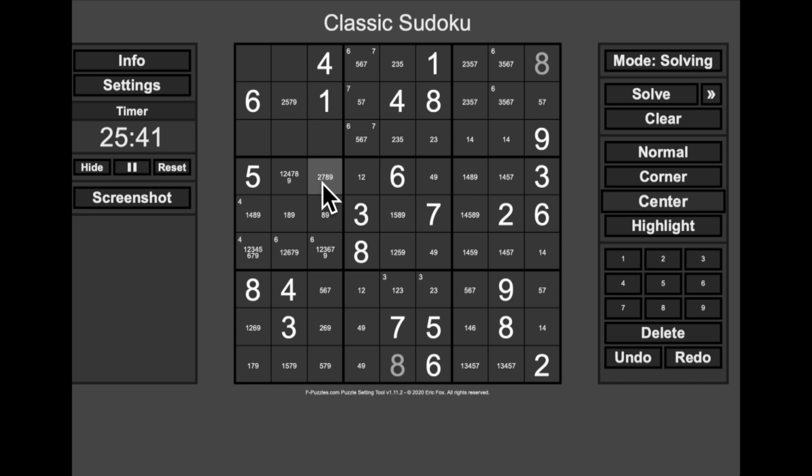Let's see, 2, 7, 8, or 9 are still possible here. This one can't be 4. But by golly, it can be just about anything else. Irritating. Let's see.